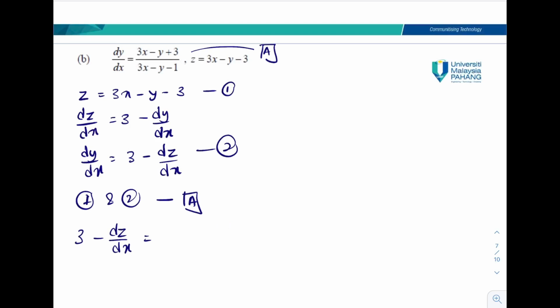How is that? Because the z equals to 3x minus y minus 3. Okay, think clearly, think creatively. So actually this one, I just copy back 3x minus y plus 3, 3x minus y minus 1.